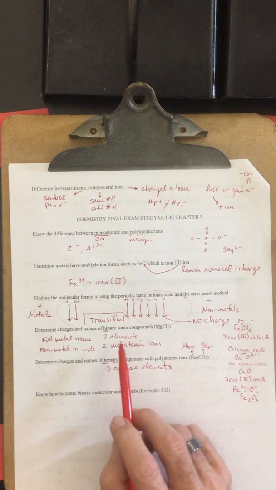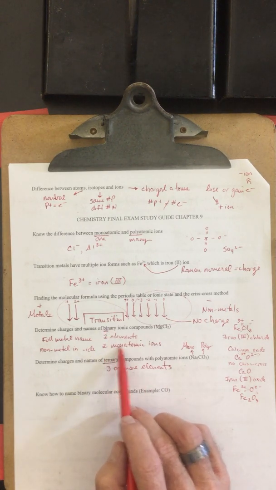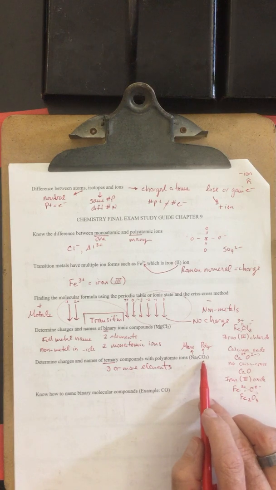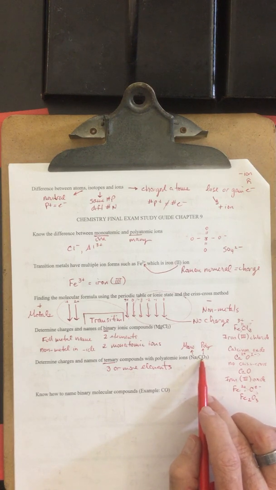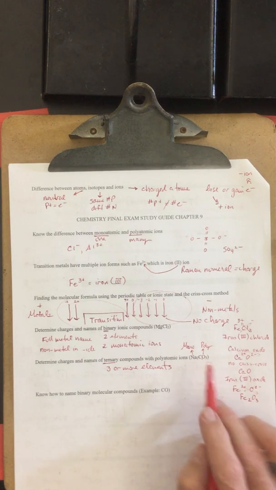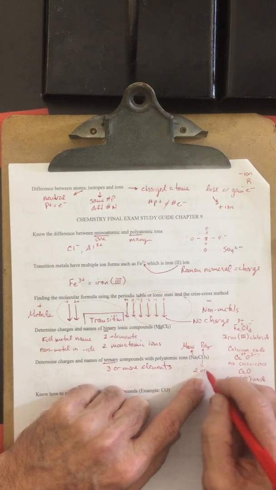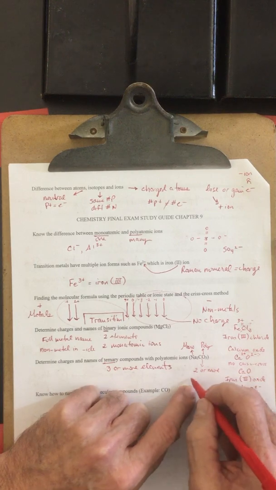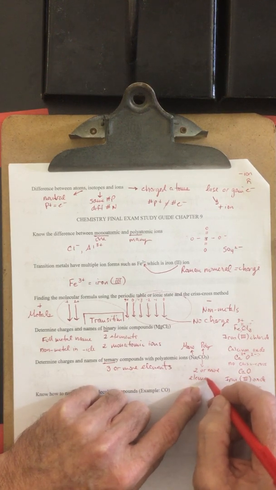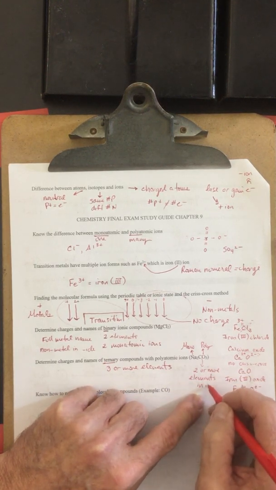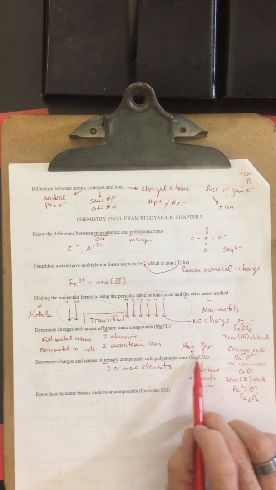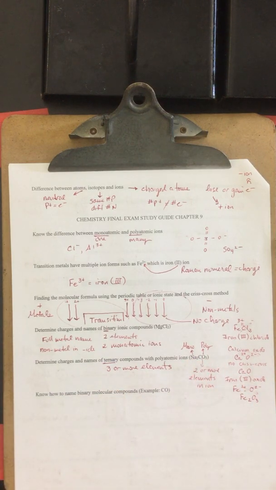So while binary compounds are formed of 2 monoatomics, a polyatomic has 2 or more elements in the ion. So we have a monoatomic and a polyatomic. That's going to create a ternary compound.